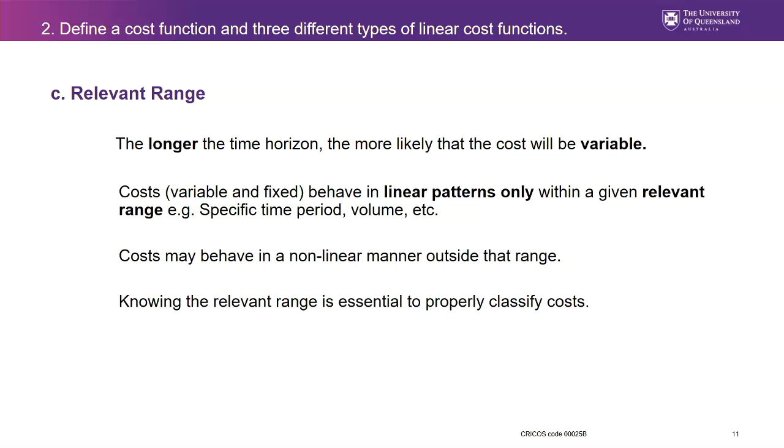Costs behave in linear patterns only within their relevant range, and after a period of time, you're more likely to be able to make decisions where that cost behaviour becomes less fixed or more variable. So knowing the relevant range is very important to properly classify your costs.